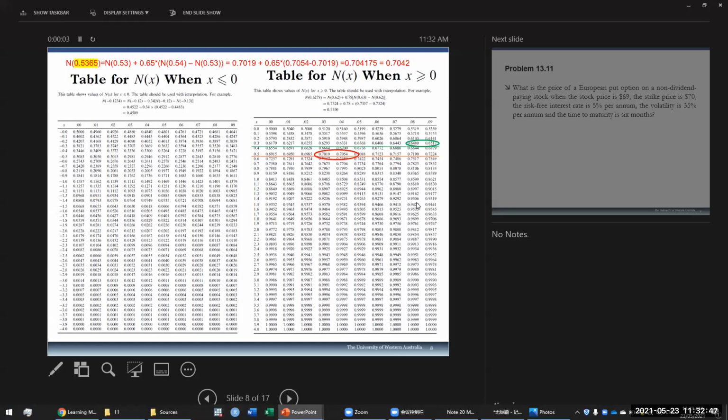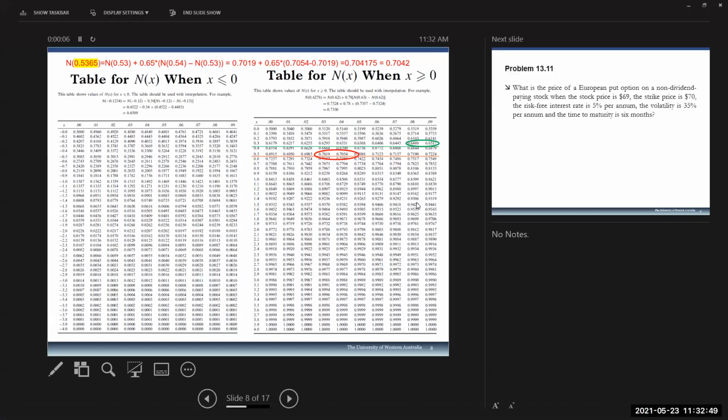For example, in the tutorial example, if your d is 0.5365, how do you work out the cumulative probability? N here just means the probability that a standard normal distribution gives an outcome less than 0.5365. So 0.5365 lies somewhere between 0.53 and 0.54. Don't use your ruler to measure how far away that is.